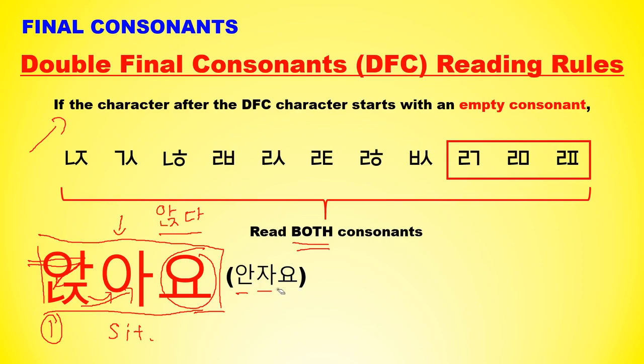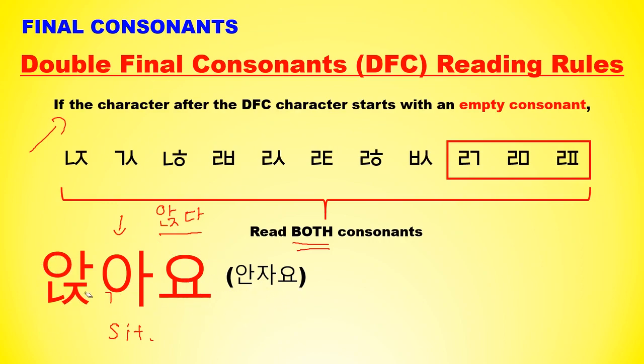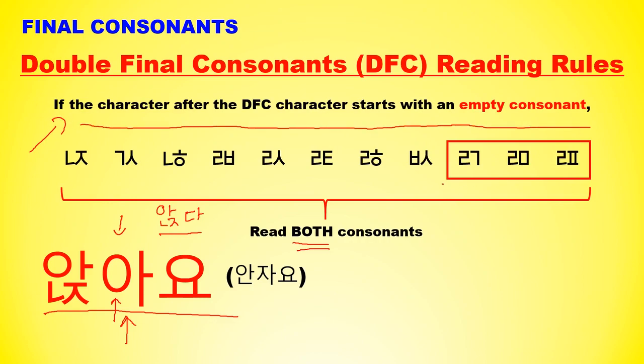So let's go back in time and remove all these markings. And imagine you're looking at a word like this. Straight away, I want you to zoom in on this character over here and realize that this character starts with an empty consonant. Then recall this reading rule over here. As long as it starts with an empty consonant, read both consonants.